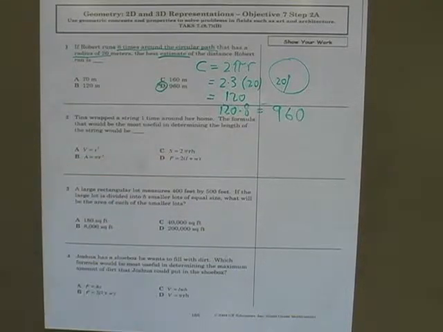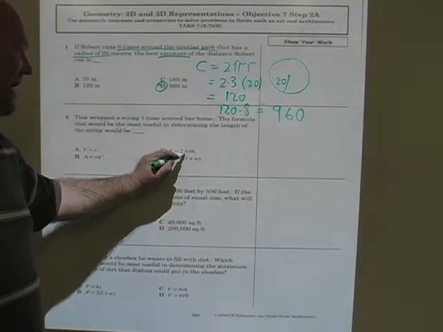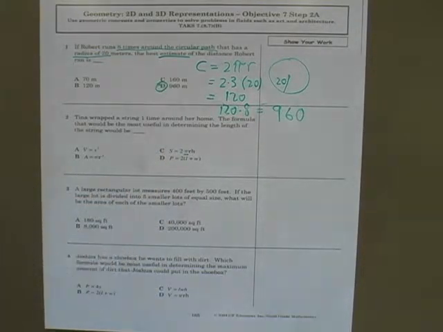S is actually what you use to measure surface area. And if you notice, there's a pi in that answer. And pi is always going to be associated with a circle.